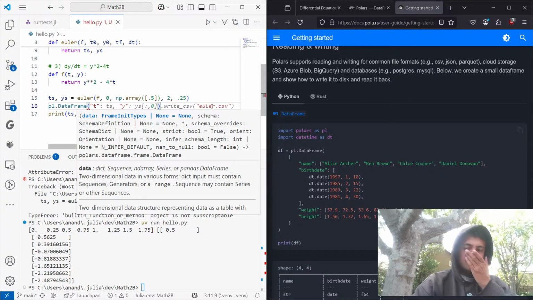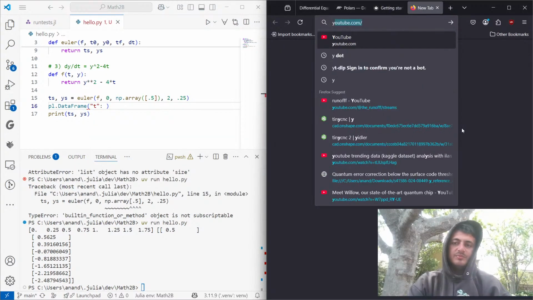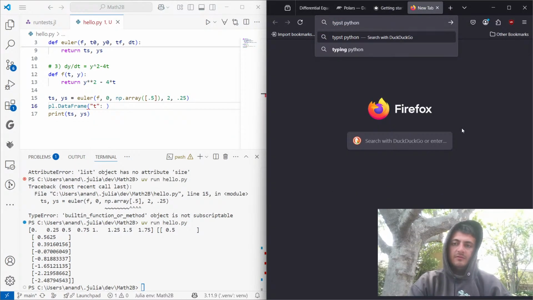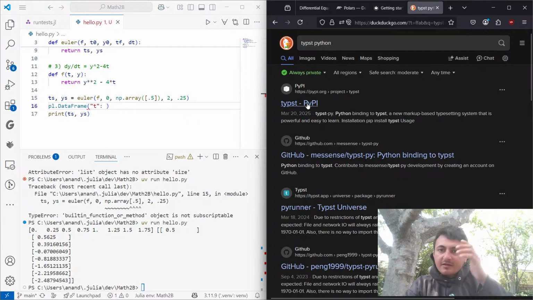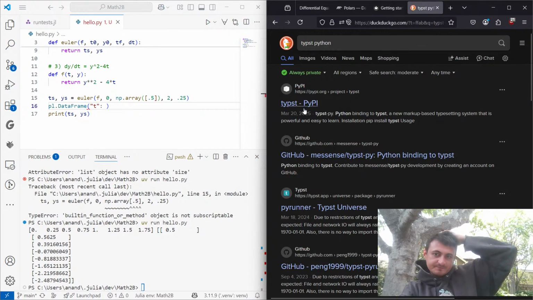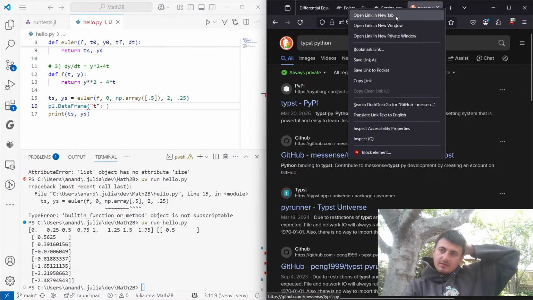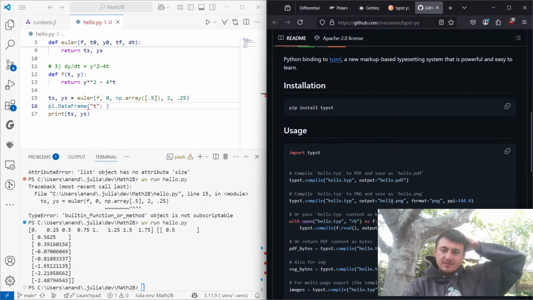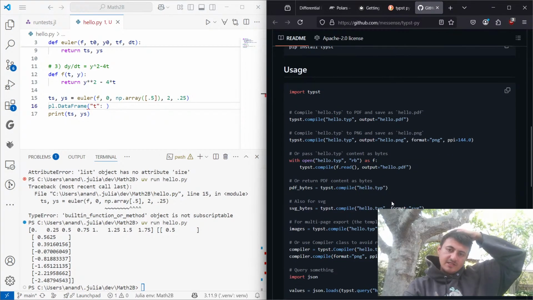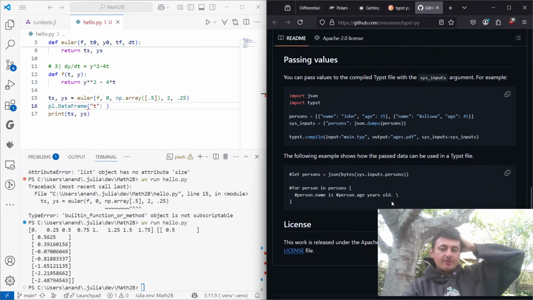I wonder if they have something for. Is there like a types Python? Like, is there like a thing? Because what is it that I want? I want something that takes my data types in. Oh, see, no, that's stupid. That's not what I want at all. I want the other one.